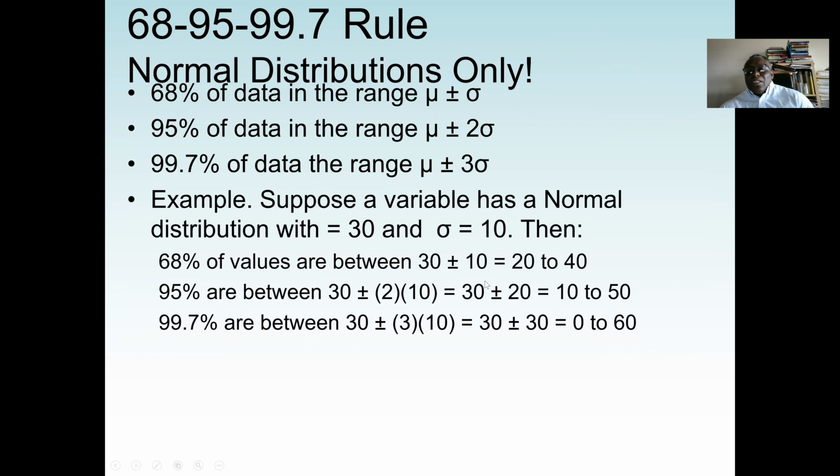The standard deviation is 10, as we have it here. 95% of the data will lie between what? The mean, which is 30, plus or minus 2 standard deviations. And we can plug in the standard deviation given to us to be 10. So we can see our intervals will be 20 to 40, 10 to 50, and the last one will be 0 to 60.